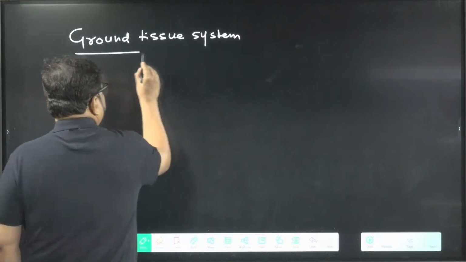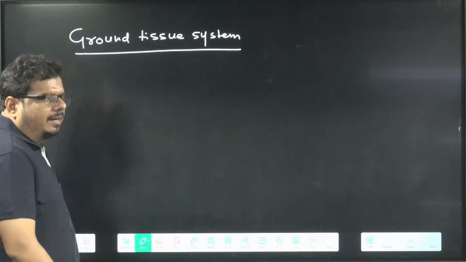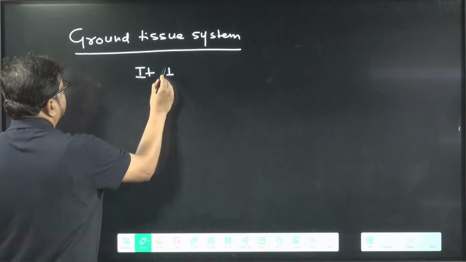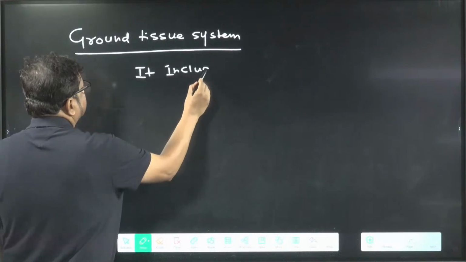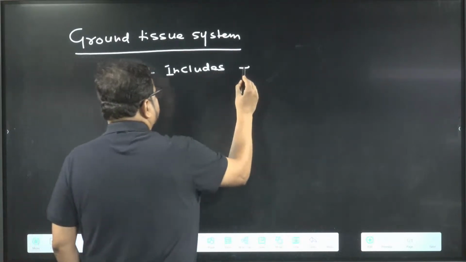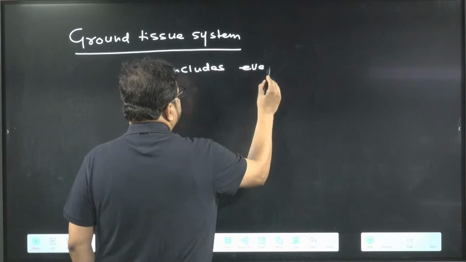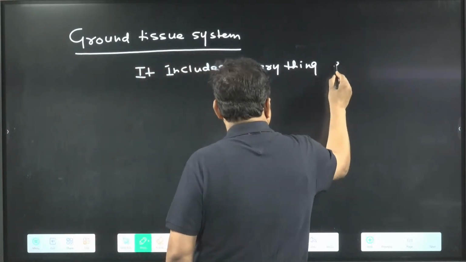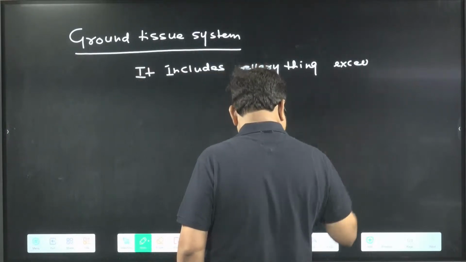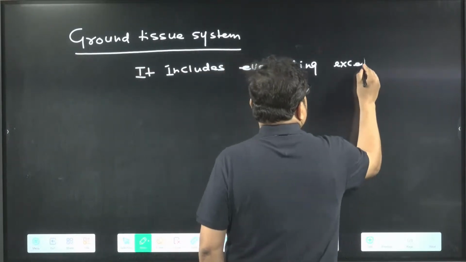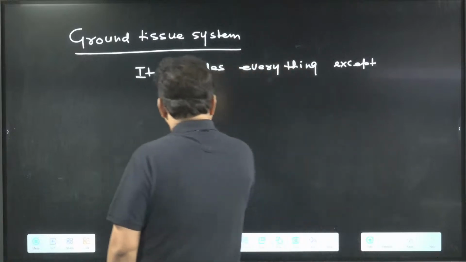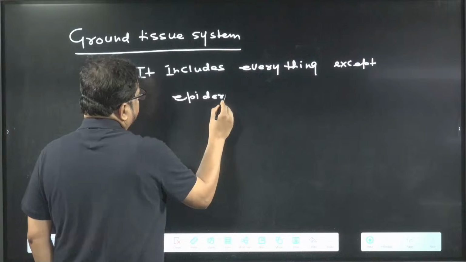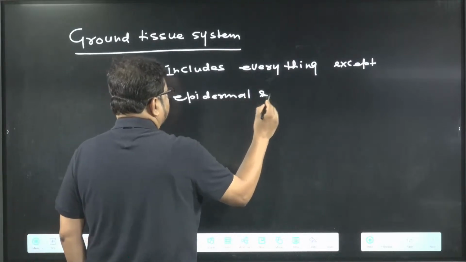So if we talk about ground tissue system in the plant, it includes everything except epidermal and vascular tissue.